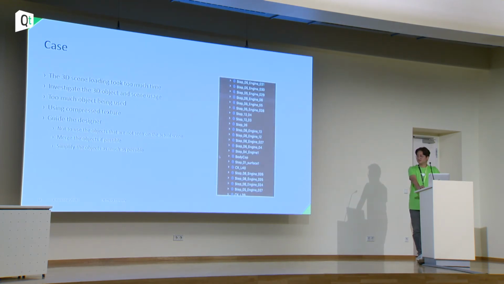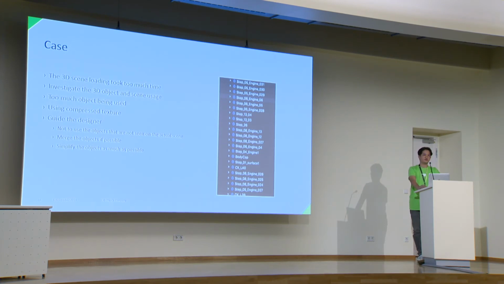So the second case is mainly about performance. The 3D scene loading took too much time. We found out that there are a lot of objects that need to be loaded, so we investigated the actual 3D scene and what went wrong.